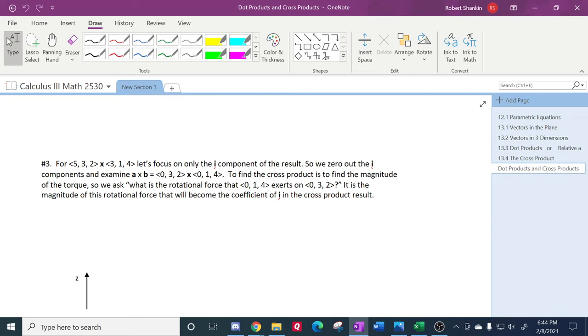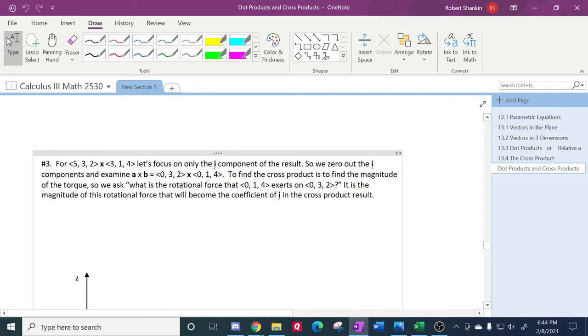To find the cross product is to find the magnitude of the torque. So we ask, what is the rotational force that 0, 1, 4 exerts on 0, 3, 2? Hold on a second. The way I'm doing it is the second one is the force.